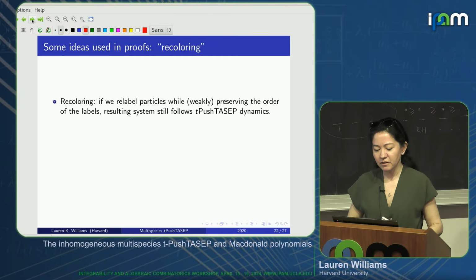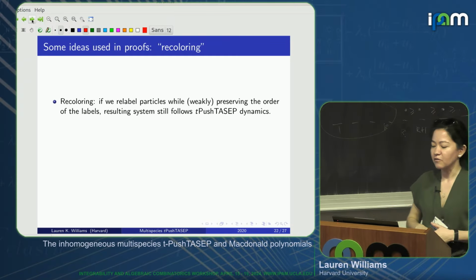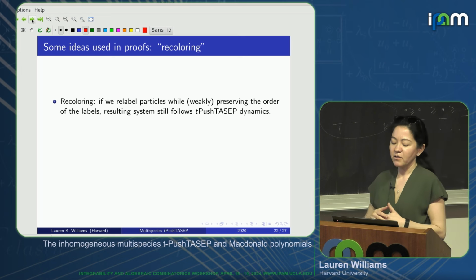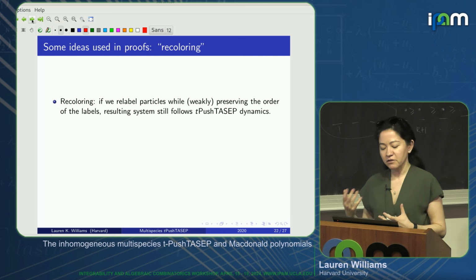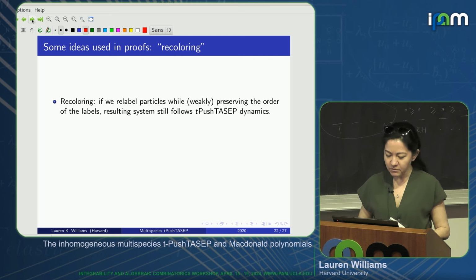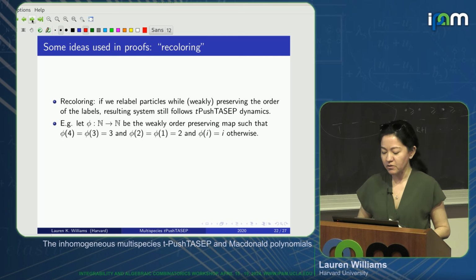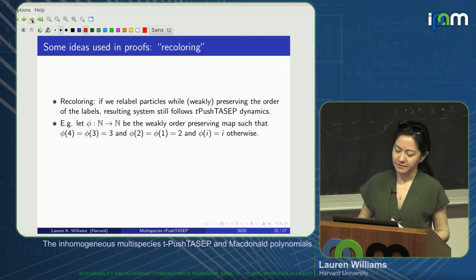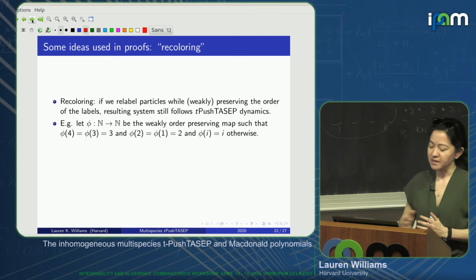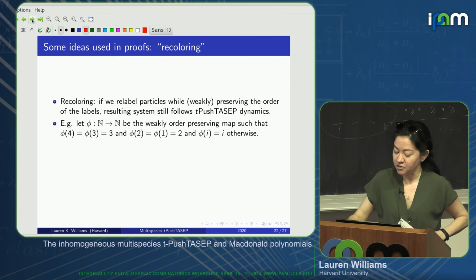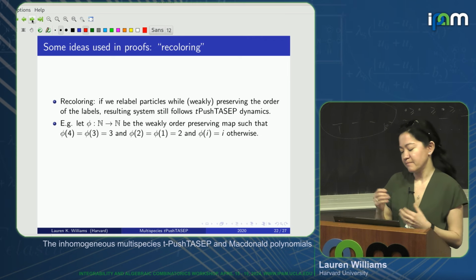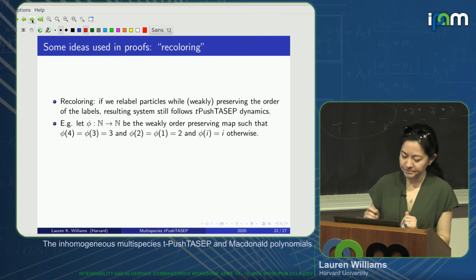Another useful idea is the idea of recoloring. So if we were to relabel particles while weakly preserving the order of the labels, the resulting system is still going to follow the t-push dynamics. So, if I have some weakly order-preserving map, one example is that we send 4 and 3 to 3, and send 2 and 1 to 2, and map every other integer to itself.